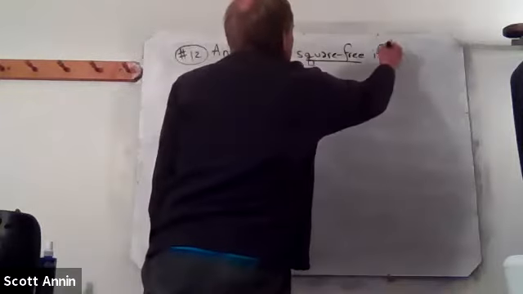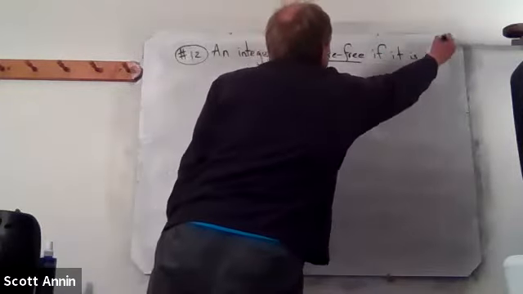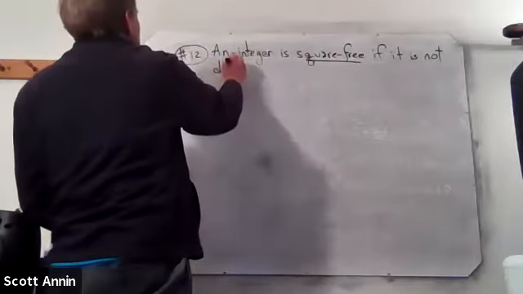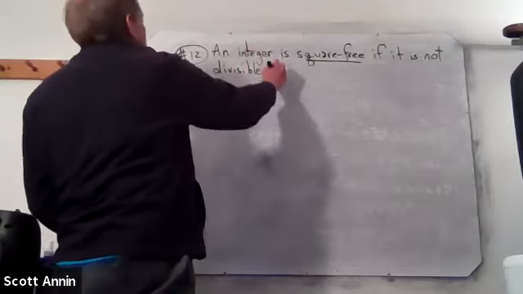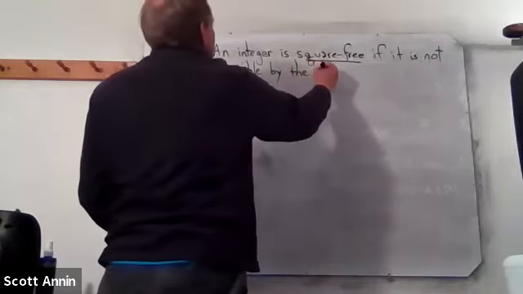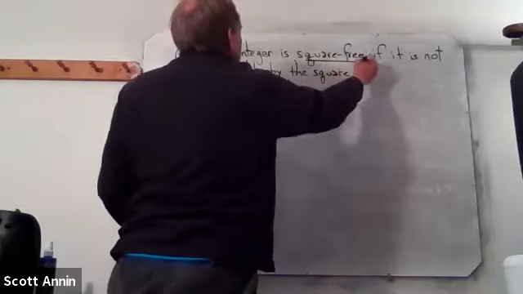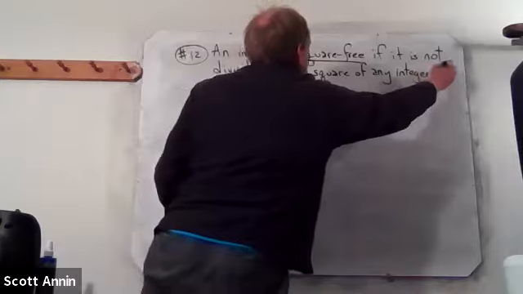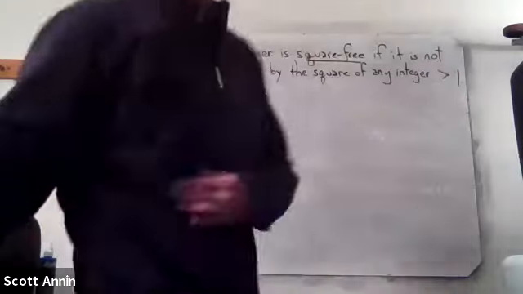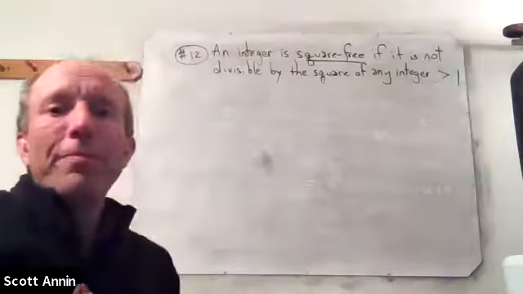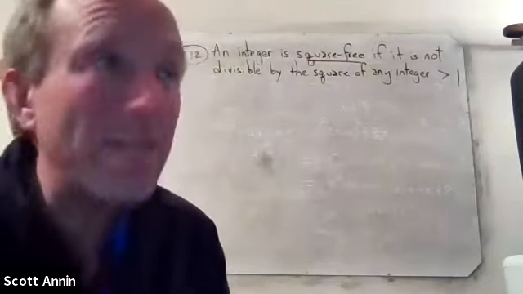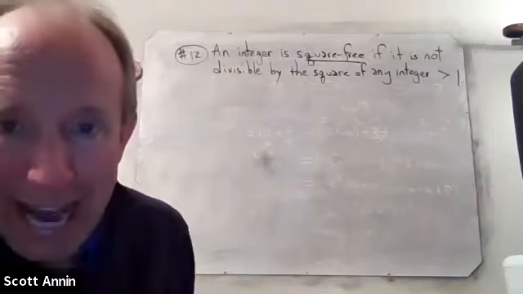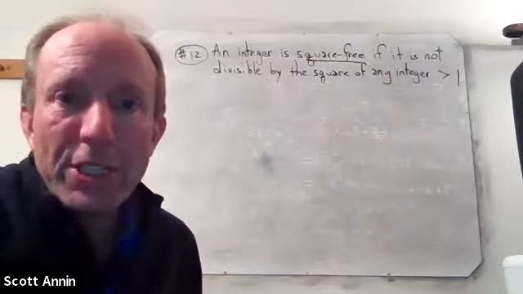It is square free if it is not divisible by the square of any integer that's greater than 1. Okay, so there, you cannot have 4 as a divisor, or 9, or 25, or anything like that. Okay, so that's just a definition.